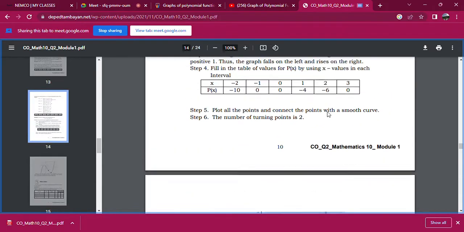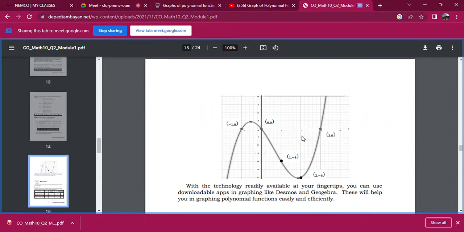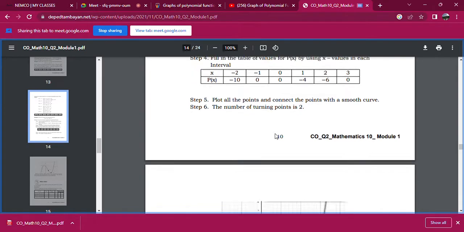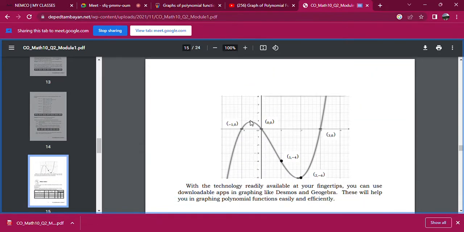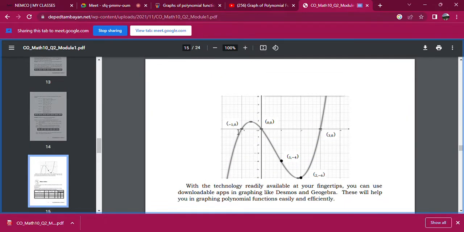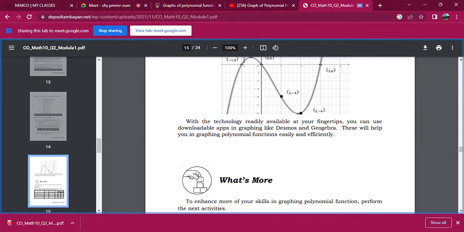And then, 3, 0, so we have our 3 here, and then 0 ra gyapon diri. And then we also have sa left side ta, negative 1 og 0, dari ra. And then we also have negative 2 and negative 10 diri.